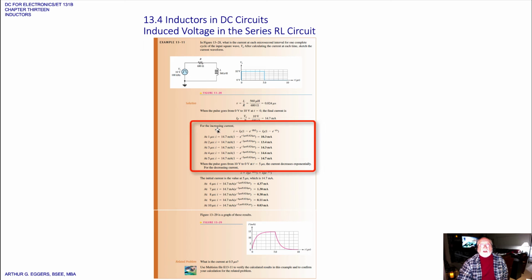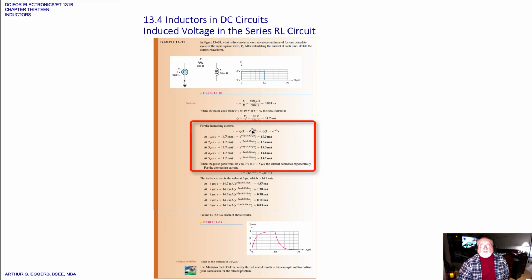Now, if we look at each of the intervals here, 1 microsecond, 2, 3, 4, 5 microseconds, in each case we're going to run that through the expression: i equals I final times 1 minus e to the Rt divided by L, or simply, as they simplified it, t over tau. That makes the math a little bit easier.